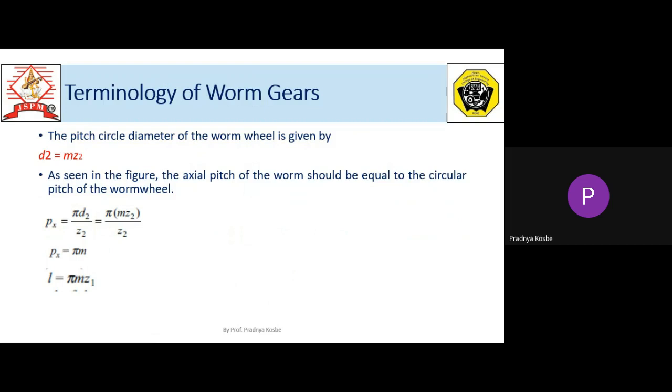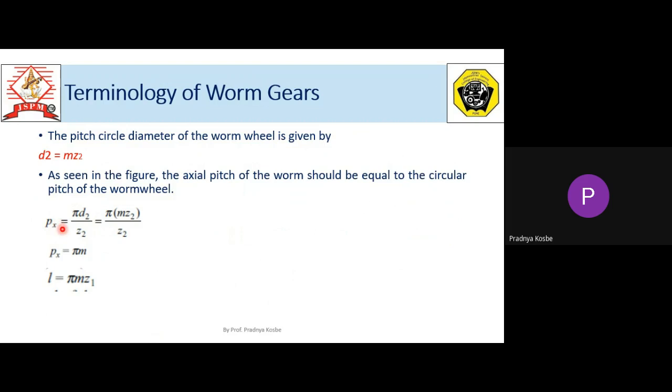So pi d2 divided by z2 is the circular pitch of the worm wheel, and it is equal to px.